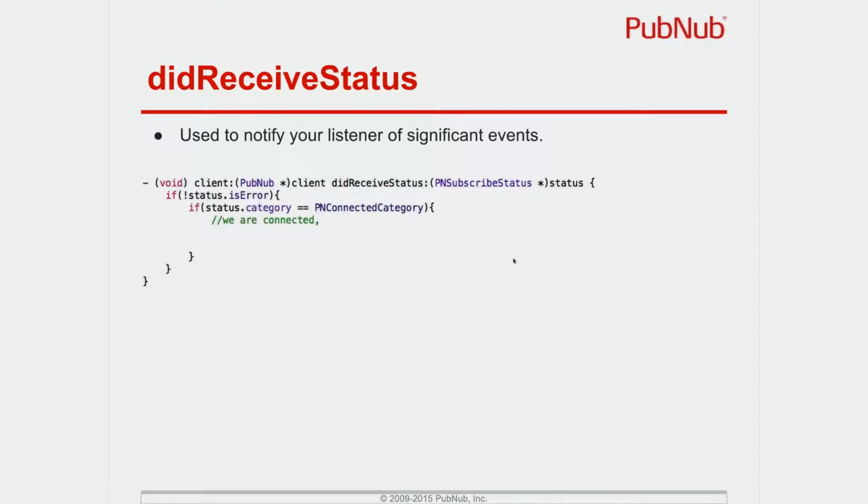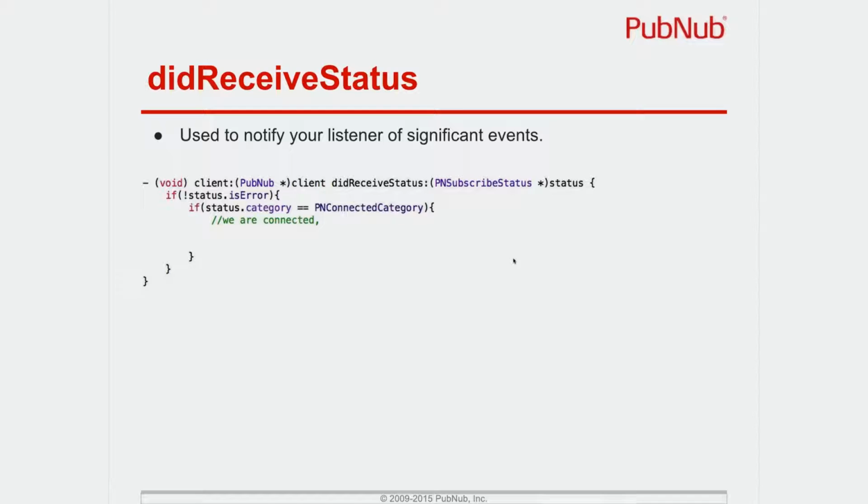Used to notify your listener didReceive status. didReceive status is a method off of the PNObjectEventListener that is invoked when connection and disconnections or non-stream events occur.